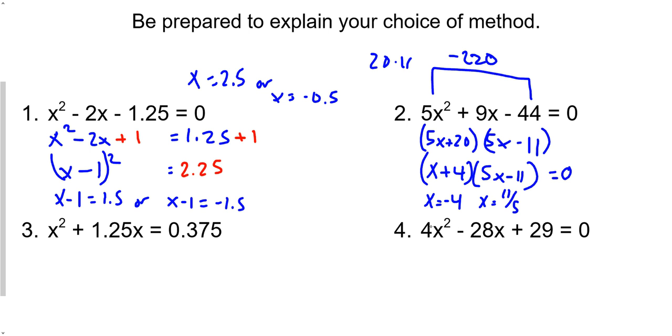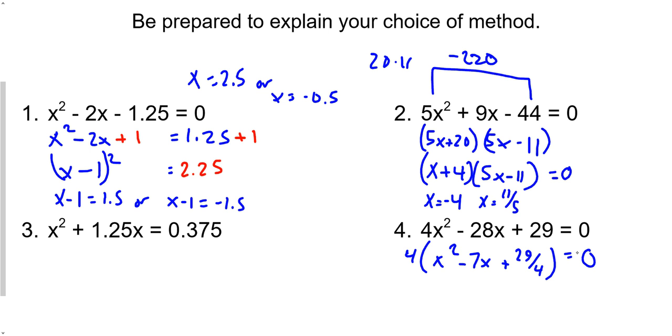To do completing the square on this one, don't forget that with questions like this, the easiest way is to divide out the 4. So what you'd have is 4 times the parentheses x squared minus 7x plus 29 divided by 4 equals 0.